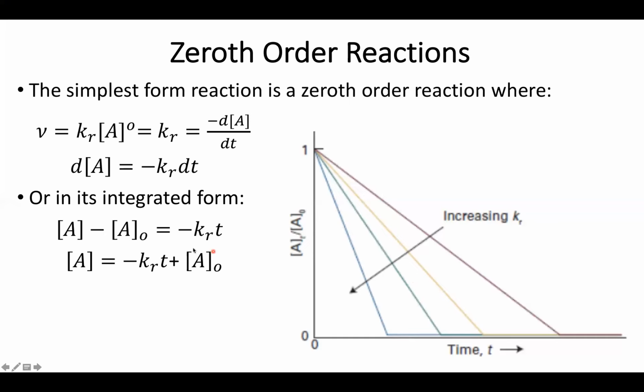And what you're going to find is that the half-life is dependent on the concentration of A at the beginning and the rate that I have. And again, this should make sense if I have a faster reaction or an increased rate, I'm going to see faster consumption, so it's going to take less and less time to consume half of my material.